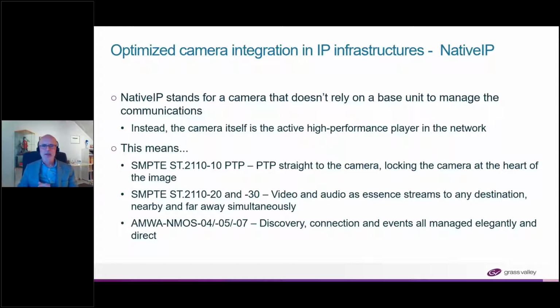And of course, the camera fully supports AMWA NMOS, IS-04, IS-05 for discovery, connection, and registration purposes, but it also supports IS-07 for events management, and here in particular for camera tele control. And here again, we work with third-party suppliers to make sure that the tele commands will be fully compliant to the standard, and it works together with all the different vendors' equipment.